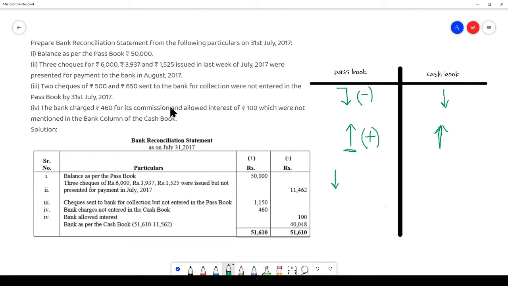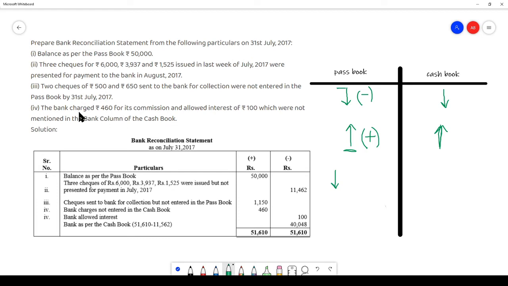And it says that it has also allowed an interest of 100, which was not mentioned in the bank column of the cash book. So in this transaction, there are two items: once the bank has charged a commission, and once it has allowed an interest, for which no entry was recorded in my cash book. So let us take them into consideration one by one.